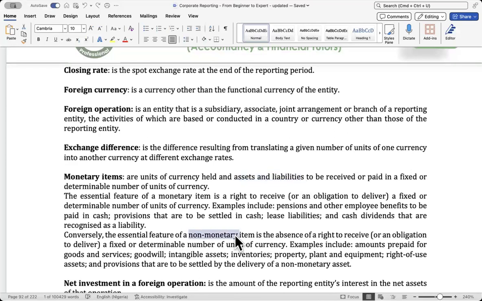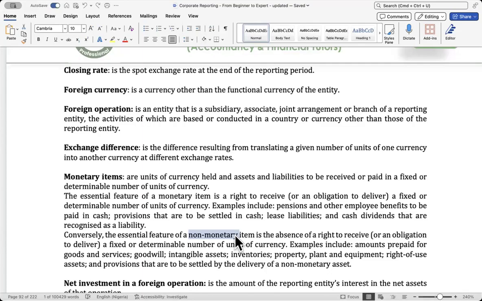So non-monetary will be items like PPE, intangible assets, prepayments. Those are non-monetary in the sense that what you are expecting to receive, if it is an asset, varies. It's not fixed or determinable. It's not something you know in advance. Just like provisions, for example: you don't know how much you would settle for.